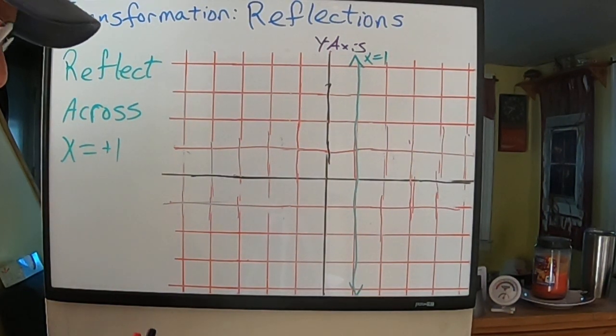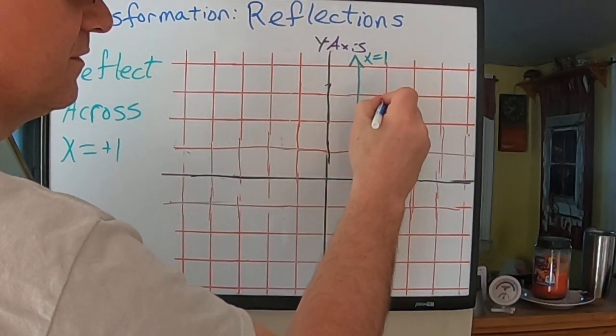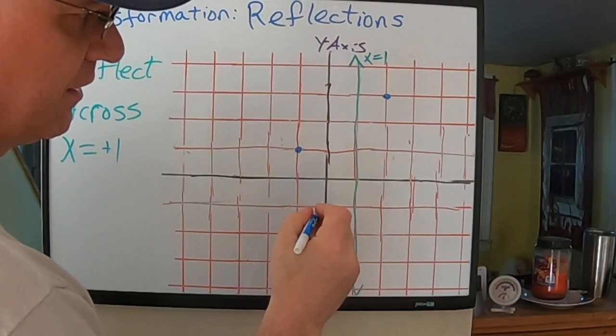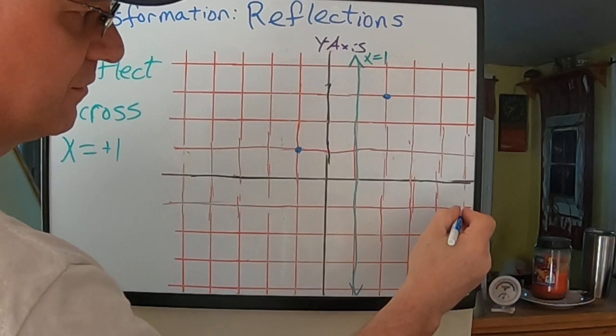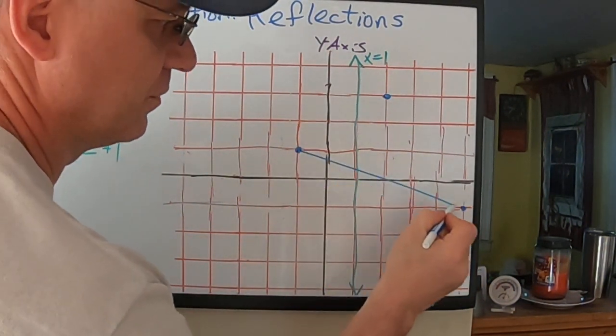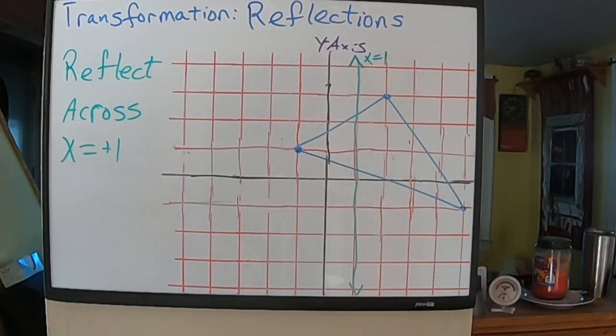All right, so let's say my original was here, here, and here. So that's my original triangle. Nice big triangle.